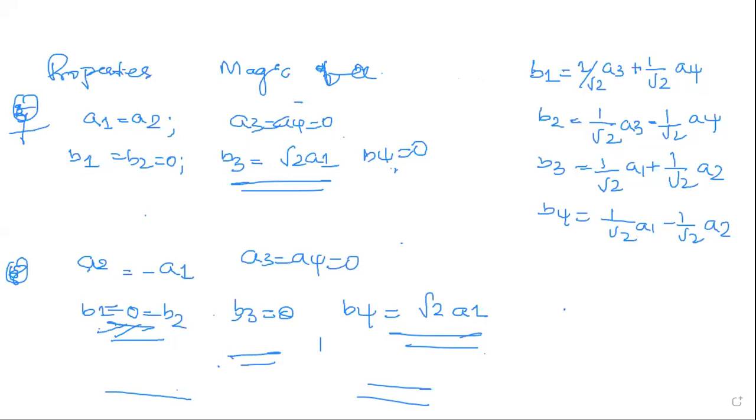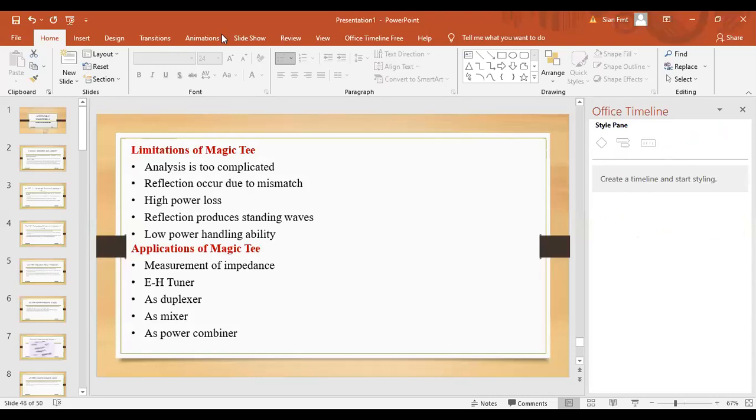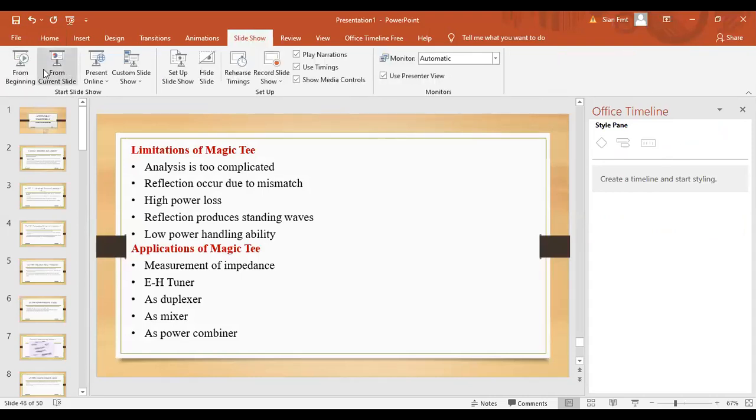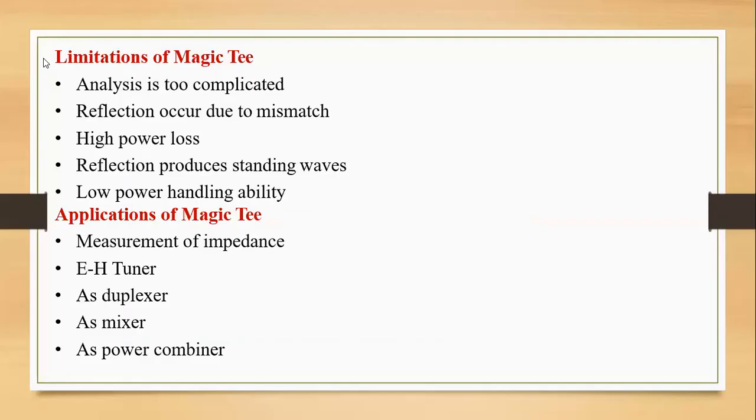Now there are certain properties and applications which you have to remember for a Magic T. These are certain limitations of Magic T. The analysis of your Magic T will be quite complicated when you consider a 4-port network.